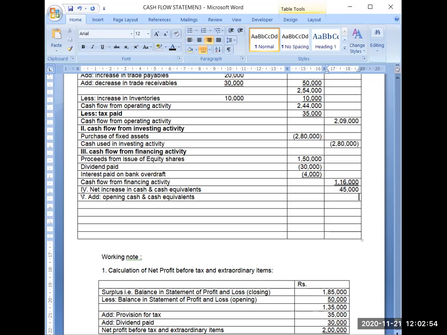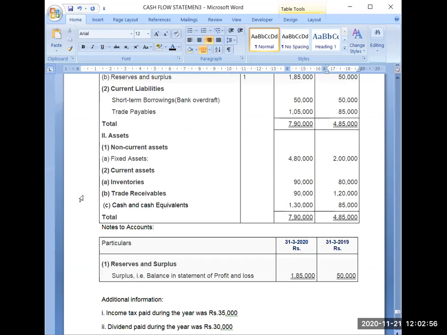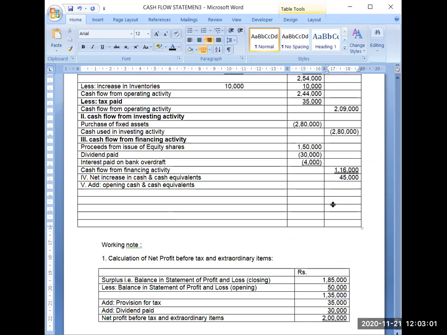We will use this information from the balance sheet. 85,000, and our answer should come to 1,30,000 after adding it, because the closing cash and cash equivalents are 1,30,000.